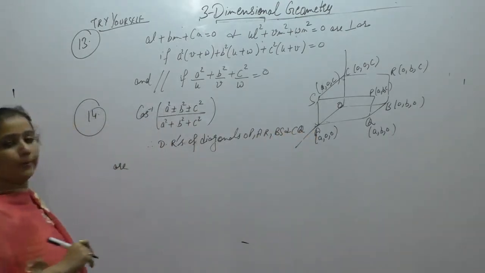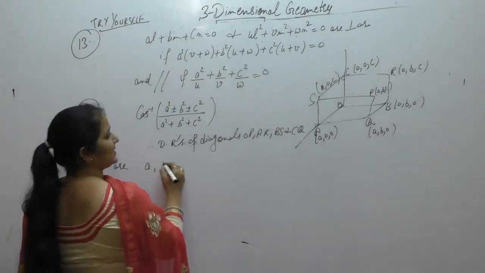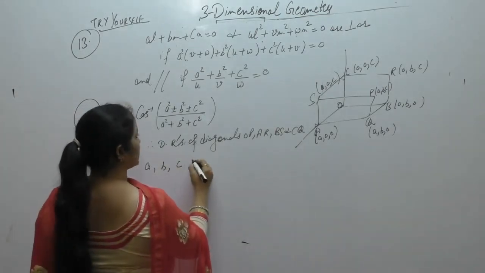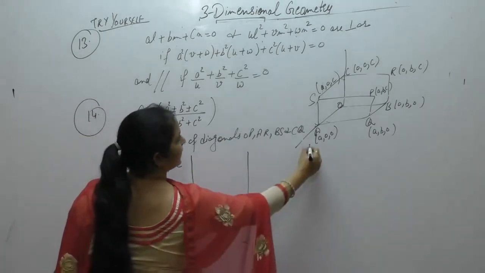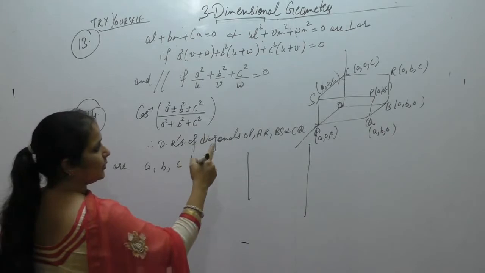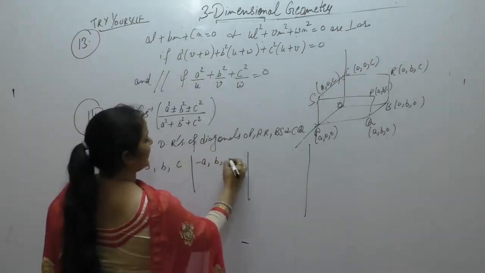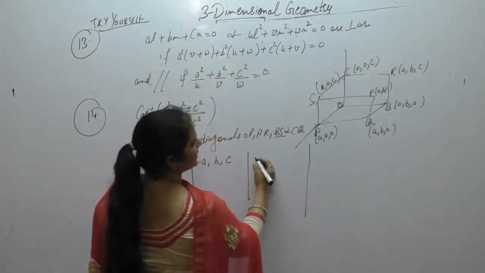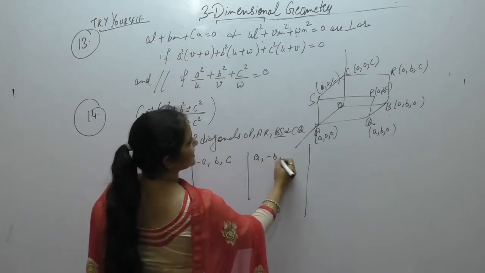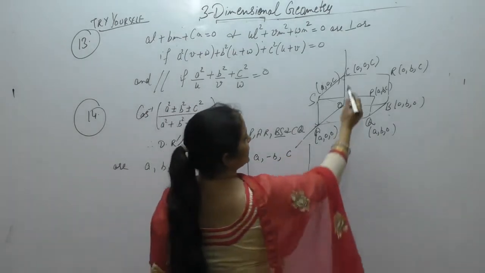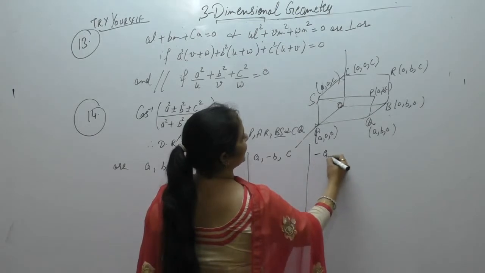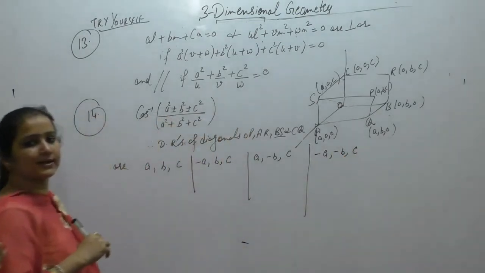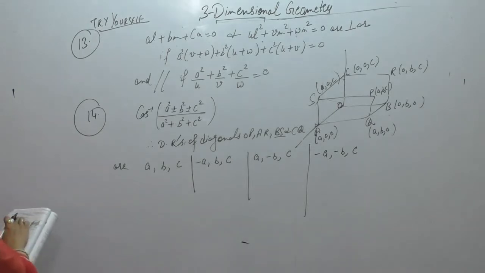For OP, it is P minus origin: a, b, c. For AR, with R and A: 0 minus a, b, c. For BS, with B and S: a minus 0, 0 minus b, c minus 0. For CQ, with C and Q: 0 minus a, 0 minus b, c minus 0.